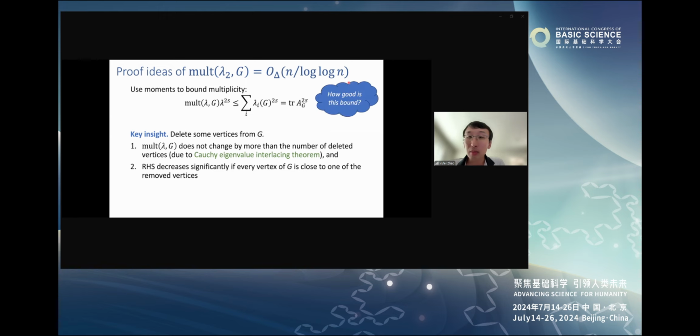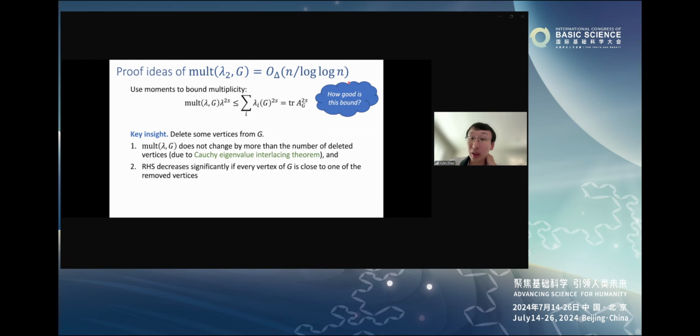And the natural question then is, how good is this bound? N over log n was the best that we could do. And, despite quite a bit of effort, we were not able to improve this bound in this generality. And it remains an open problem, how good is this bound? And I think it's very curious. And I'm not sure.